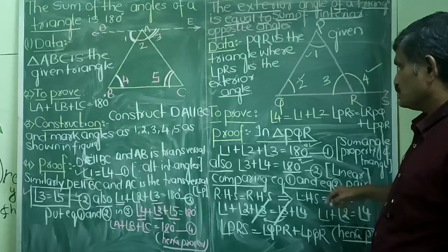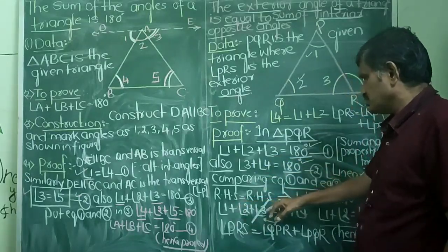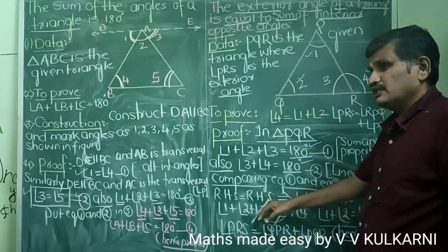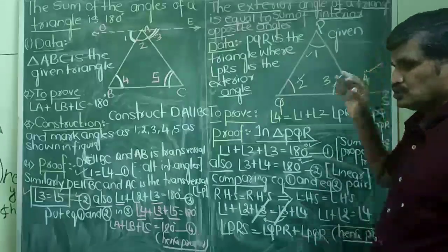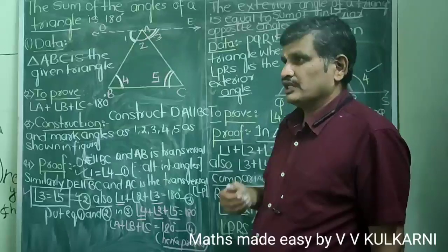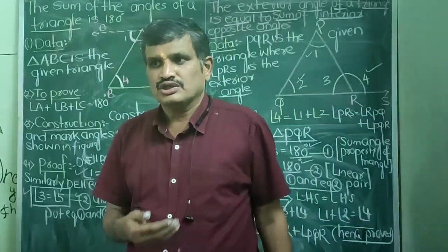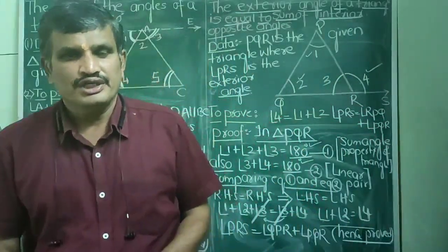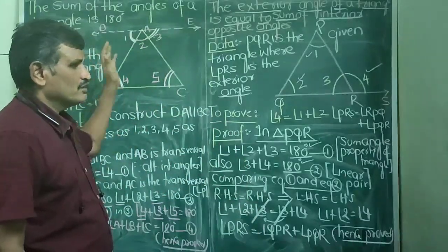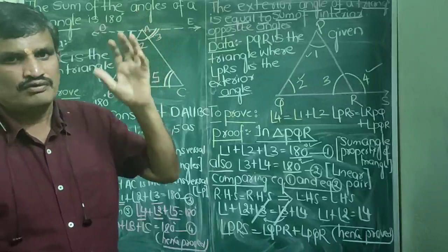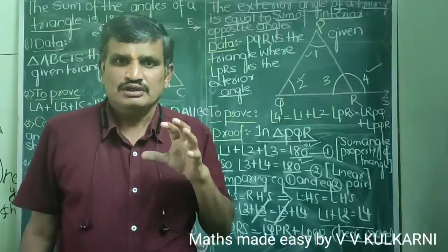So angle 1 plus angle 2 plus angle 3 is equal to 3 plus 4. 3 cancels with 3, so 1 plus 2 is equal to 4. So what we have proved here is the exterior angle of a triangle is always equal to the sum of interior opposite angles. So dear children, this is the systematic way in which you can explain or prove theorems.